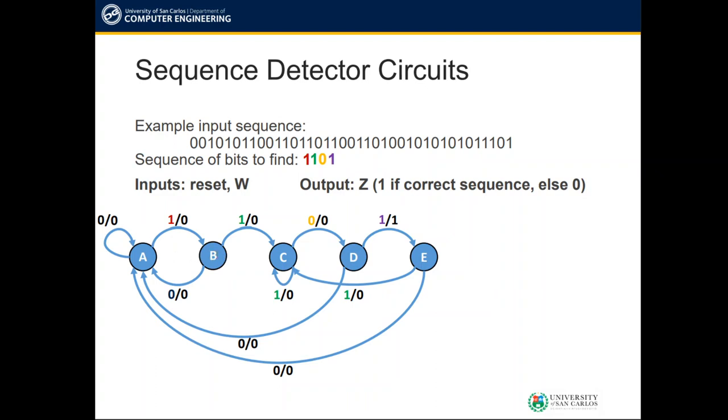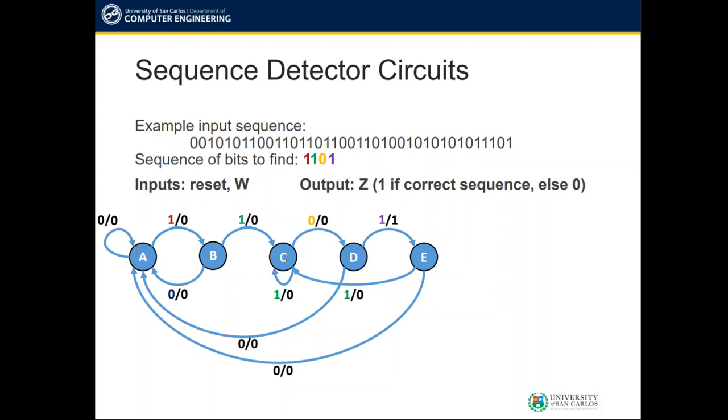And then we have state B. From state B, we already have a 1 stored in our previous flip-flop. When it goes to 0, 10 is no longer part of the original sequence to find, so we go back to state A.